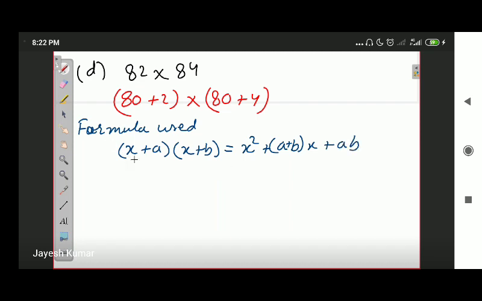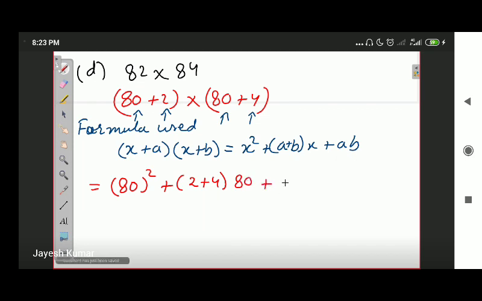In place of x, this time we have 80, in place of a we have 2, and in place of b we have 4. Putting in the values, this is 80² plus (2 + 4) into 80 plus ab, where ab is 2 into 4.